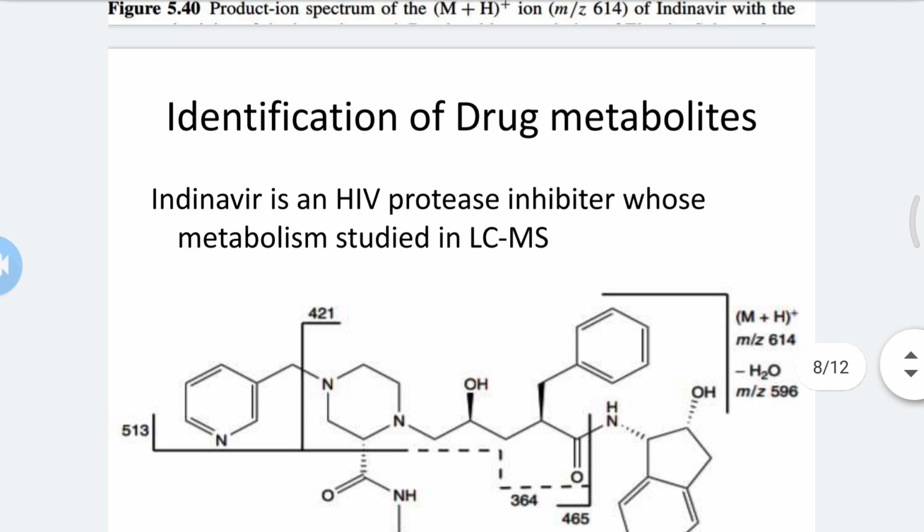Next point, identification of drug metabolites.